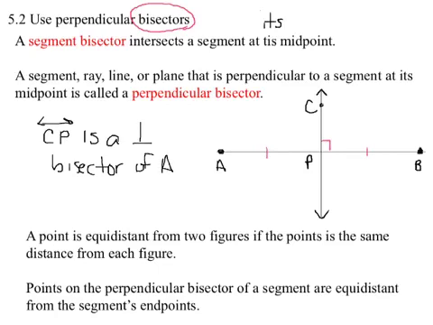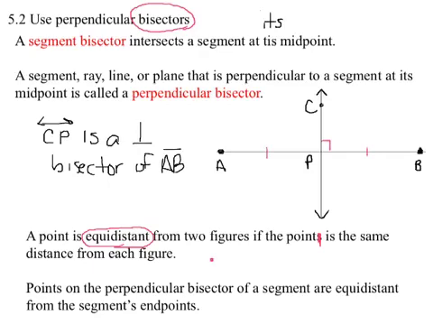of segment AB. Also, a point is equidistant from two figures if the point is the same distance from each figure.